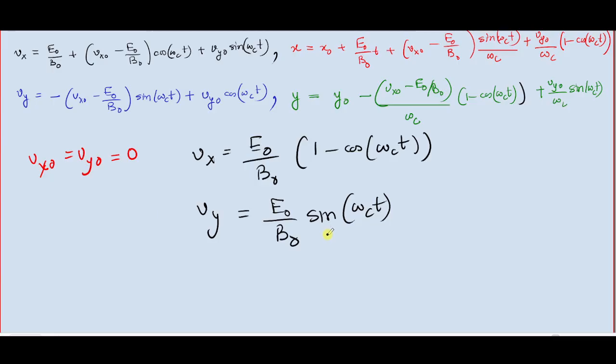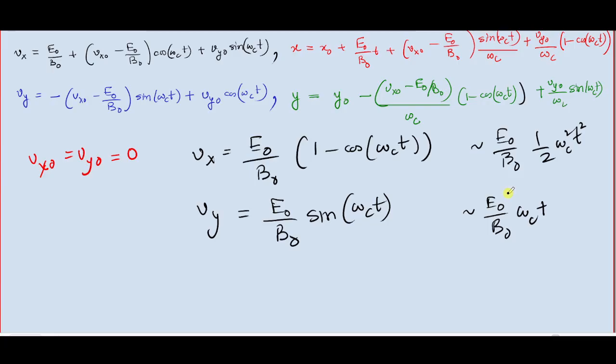As time increases, initially both sine omega ct rises and cos omega ct falls, so that both Vx and Vy increase. But as we also sort of noticed there, Vy will increase faster. For small t, this is like E0 by B0 into omega c t, whereas this is only like E0 by B0 into half omega c square t square. So for very small times, this term is going to be dominating. The particle is going to move upwards with a slight tilt towards the right.